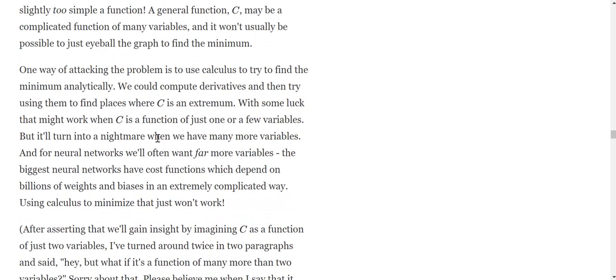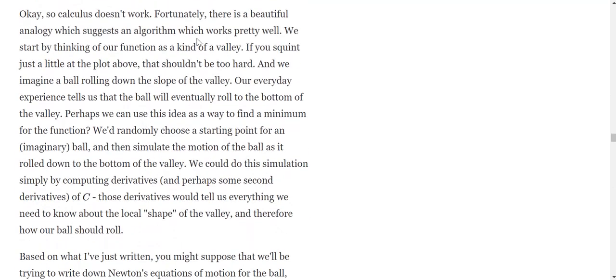If you squint just a little at the plot above, that shouldn't be too hard. And we imagine a ball rolling down the slope of the valley. Our everyday experience tells us that the ball will eventually roll to the bottom of the valley. Perhaps we can use this idea as a way to find a minimum for the function.